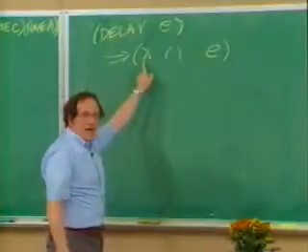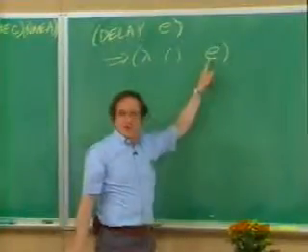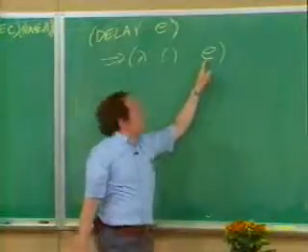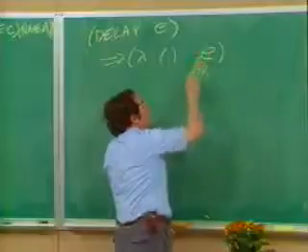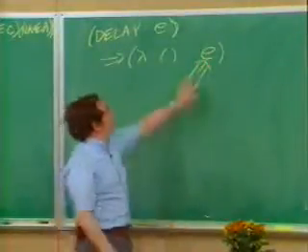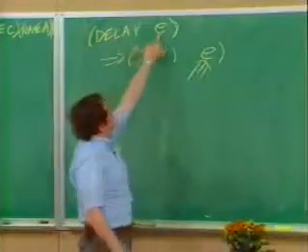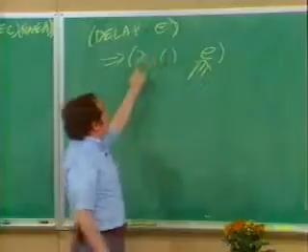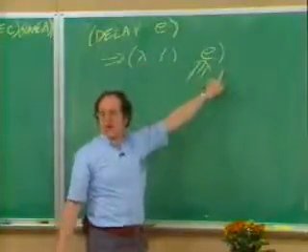Now, however, if I evaluate a lambda expression, I have to capture the environment. The reason why is because there are variables in there whose meanings I wish to derive from the context where this was written. So that's why a lambda does the job. It's the right thing.